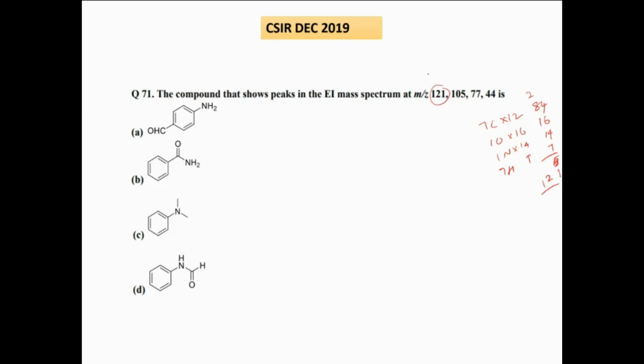So this 121 corresponds to the molecular ion peak. Okay, இப்ப 105ல பீக் இருக்கு, 77ல பீக் இருக்கு, 44ல பீக் இருக்கு. அப்ப எப்படி கண்டுபிடிக்கிறது? 121 minus 105, how much? 16. Okay, so 16.